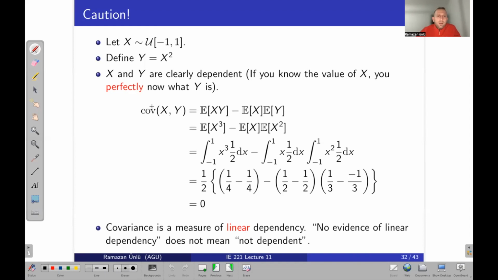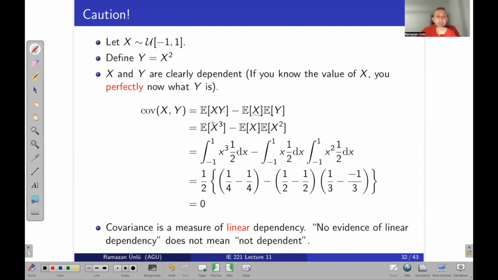So let's calculate the covariance of x and y. The formulation is the expected value of x times y minus the expected value of x times expected value of y. So x times y is simply equal to x cubed, and y is x squared. So we can rewrite this as the expected value of x cubed minus the expected value of x times the expected value of x squared.